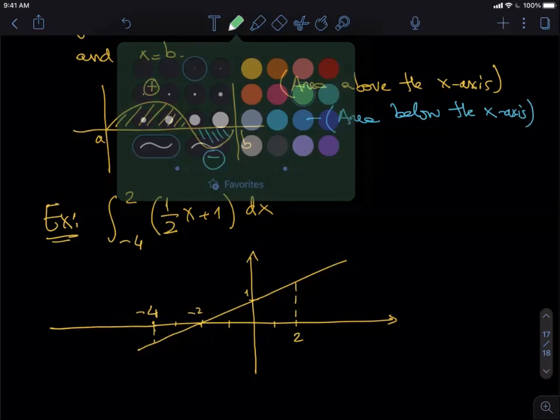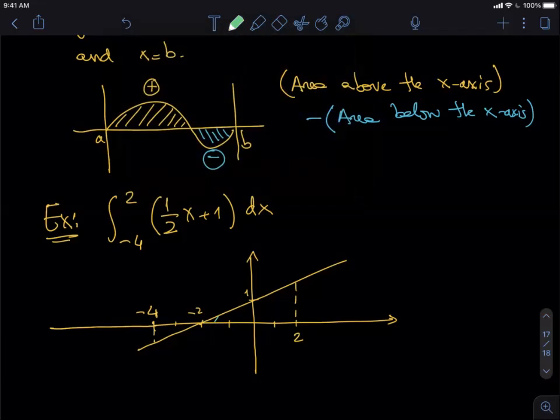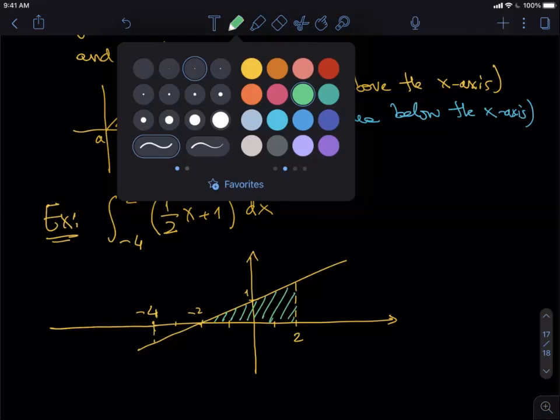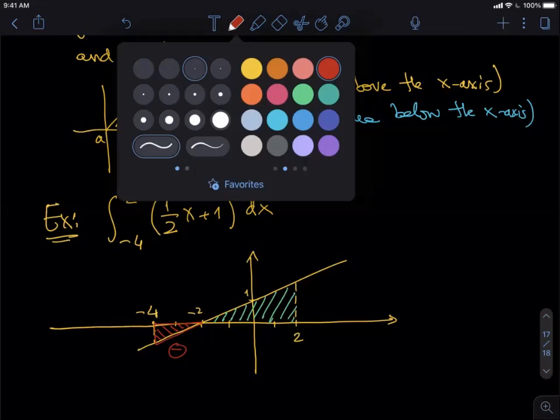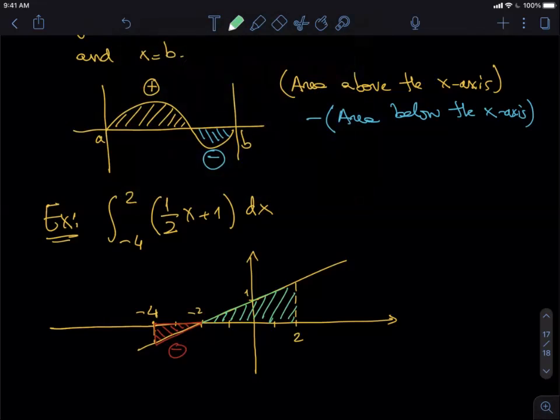So the area that we are looking at is the area between the x-axis and the graph of the function. And again, we need to keep in mind that there is a negative portion wherever the function is negative, and then there is a positive portion.